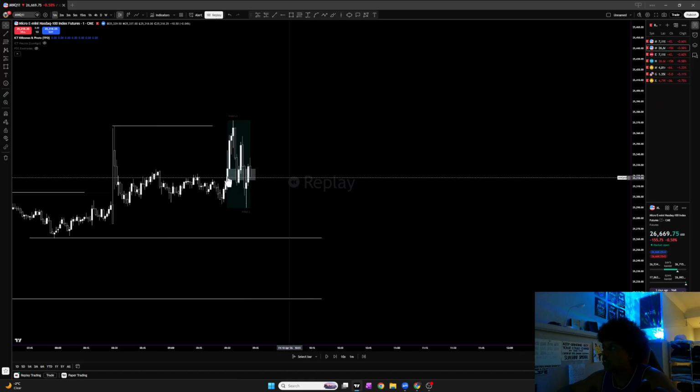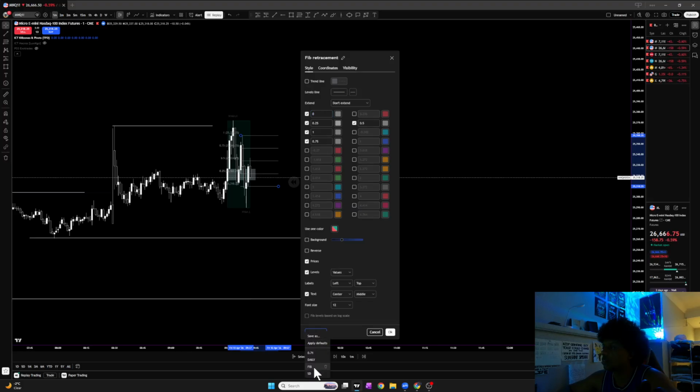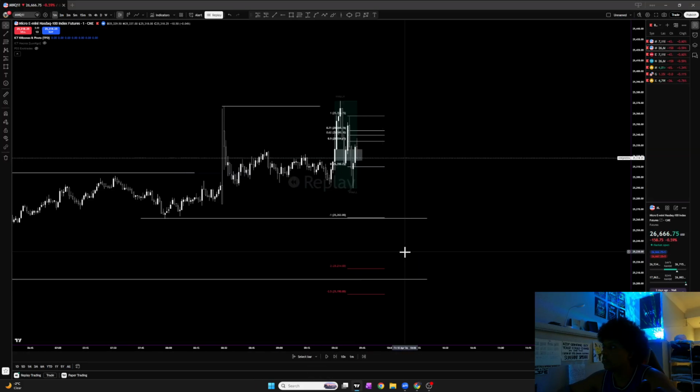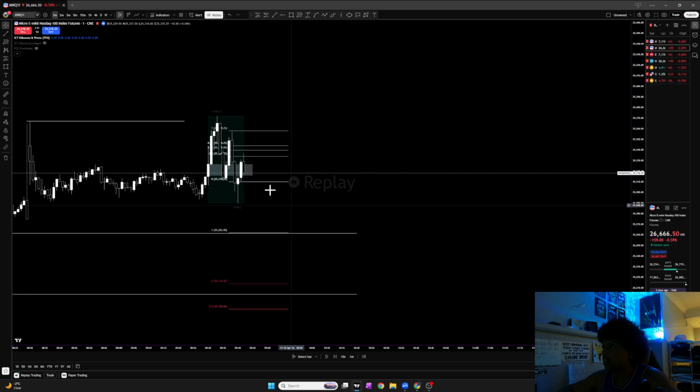So as you can see, I literally know what is gonna happen right here. It's gonna dump, but I'm just gonna wait a little bit more and just gonna use my standard deviation right here. I'm gonna target -2. So basically, that's what I'm gonna do.